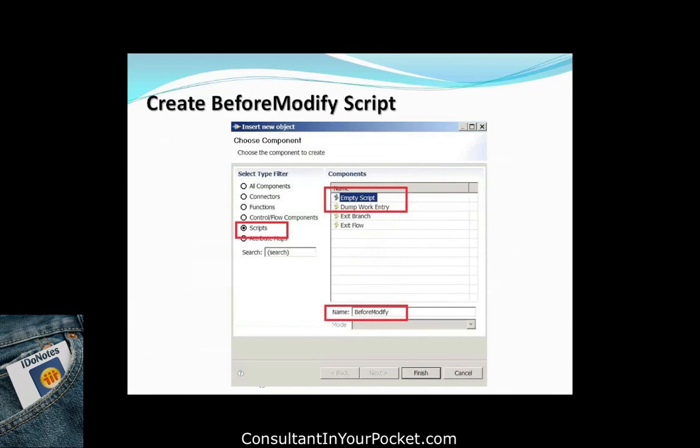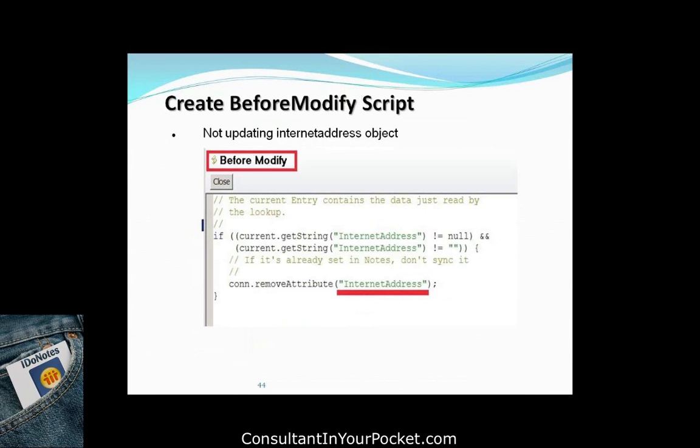Now, the other thing we're going to do is create a before modify script. What the script is going to do is say that if the attribute is already set in Notes and that attribute is internet address, then we're not going to change it.